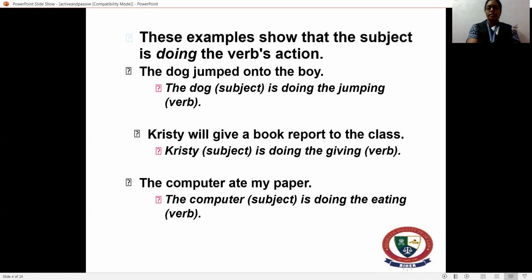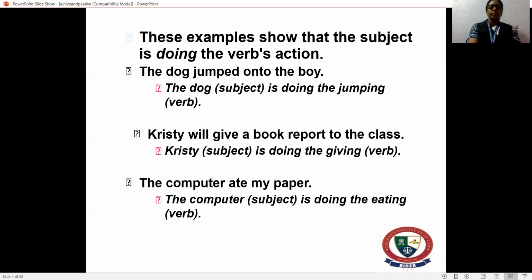So now let us see some examples for active voice. The first sentence which I have given: the dog jumped onto the boy. So we should first know what is the subject here. The dog is the subject. It is doing some action.